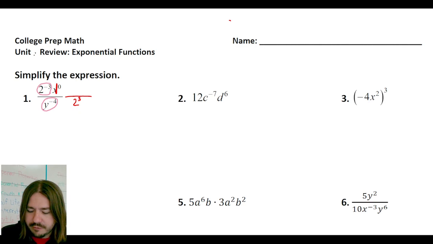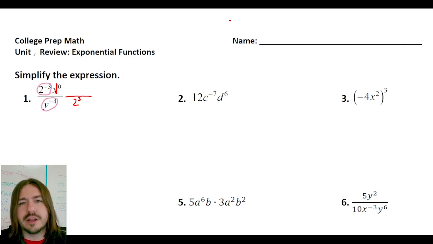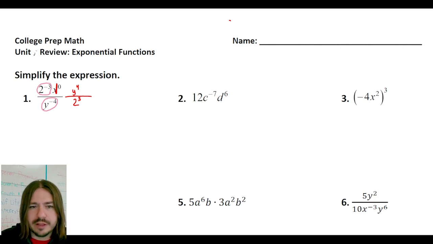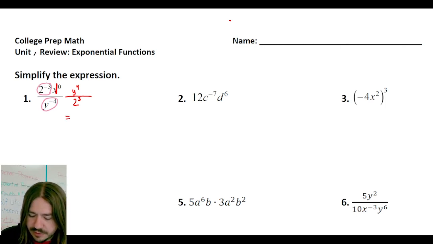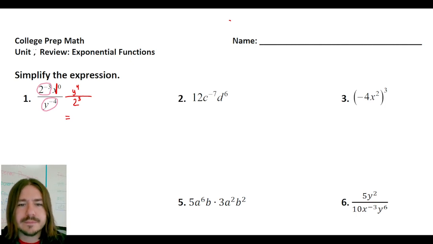Similarly, the y to the negative fourth, I can put up in the numerator and change that exponent to be positive. The only thing left to do at this point is to simplify the 2 cubed, and 2 cubed is 8. So we should get y to the fourth over 8, and that's about as simplified as we can get for number 1.